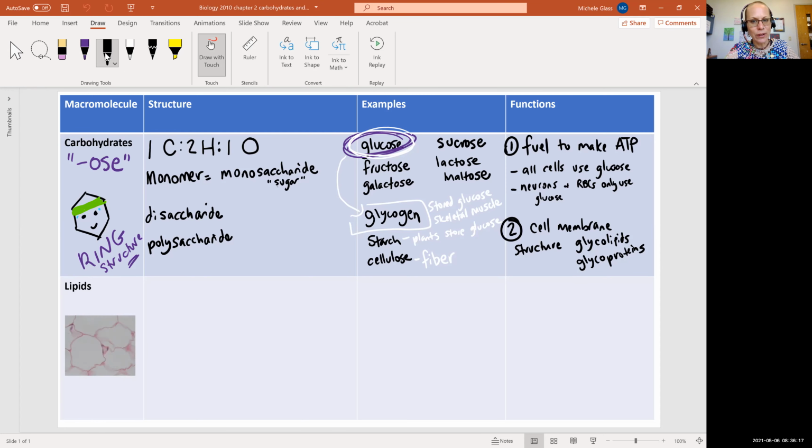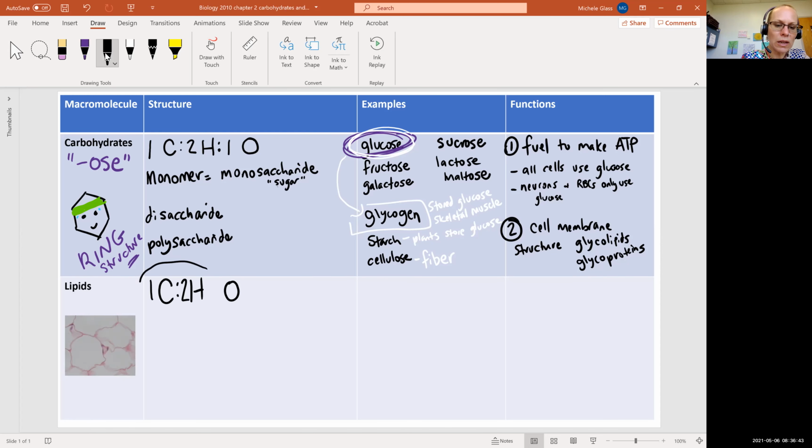Now to begin, let's look at the structure. Your lipids have carbon, hydrogen, and oxygen, just like we saw with carbohydrates. But here we have a ratio of like 1 carbon to 2 hydrogen, and then you just have a couple of oxygen at the end of the molecule.